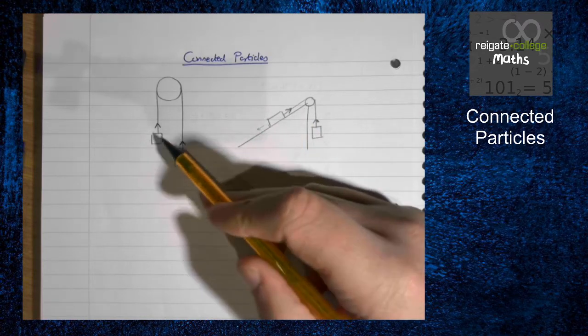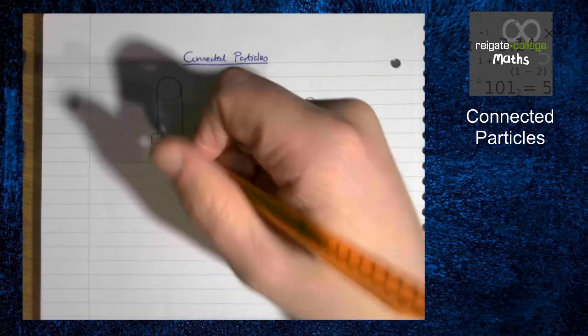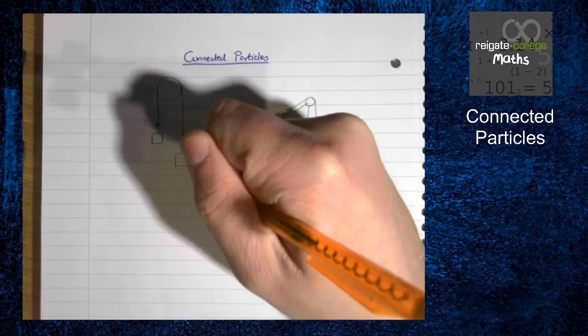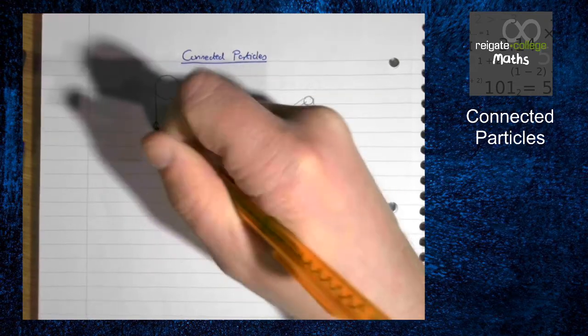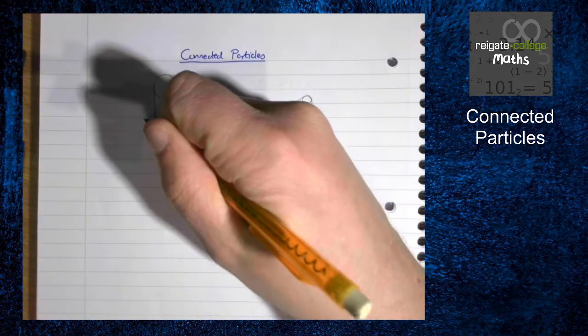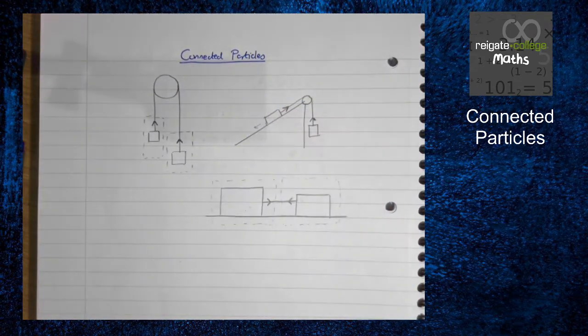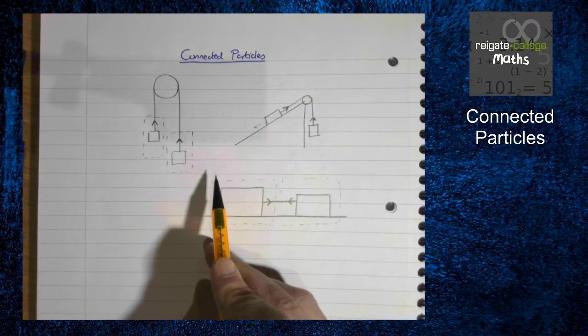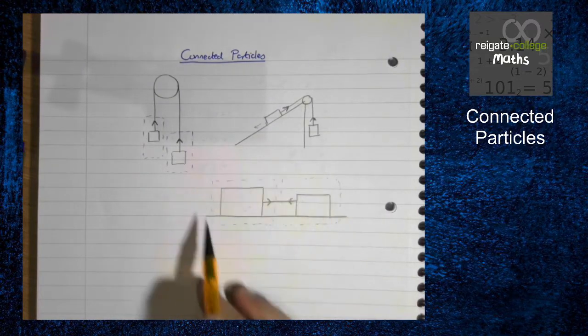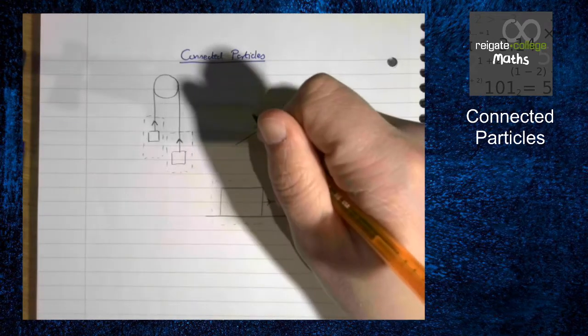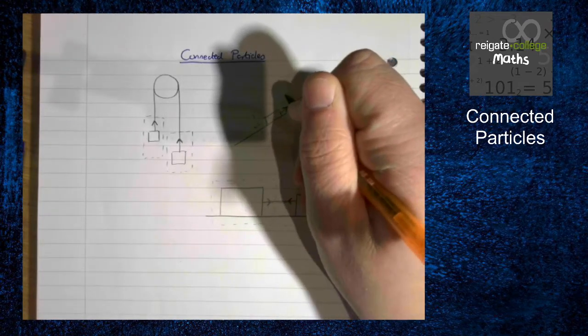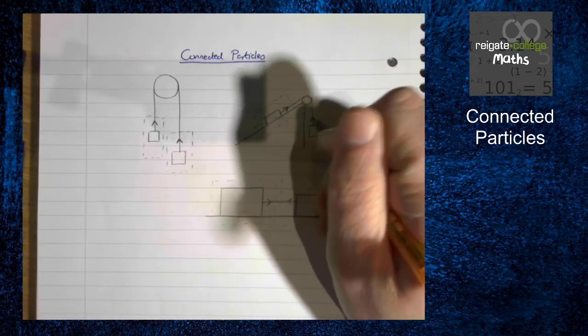Likewise here, these ones are moving up and down. In this case, we must consider each particle separately. We cannot do like we might do here and consider them as one big thing. Likewise here, we must consider each particle separately.